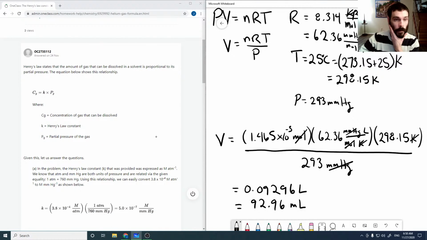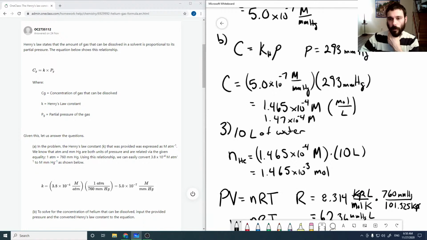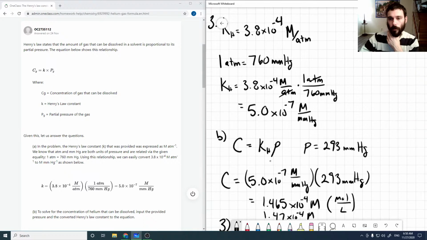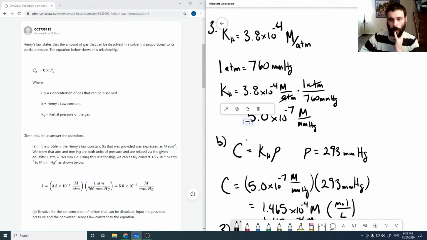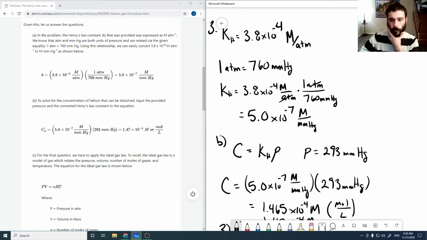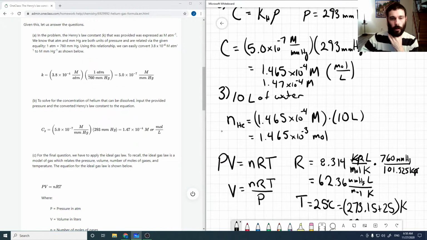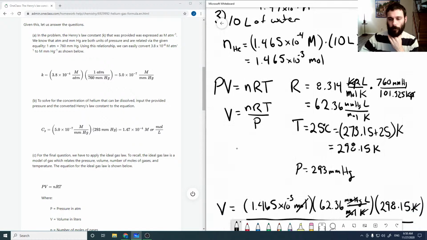Okay, so let's go through the solutions. First of all, might as well go up to the top here. So we get about 5 times 10 to the minus 7, so that looks good. Our concentration is just by running through that, so 1.47 times 10 to the minus 4, so that looks good.